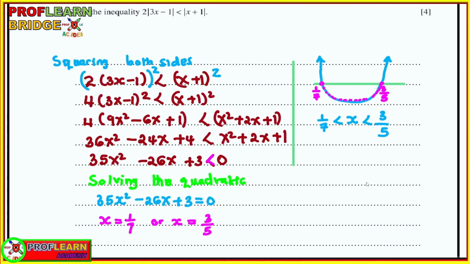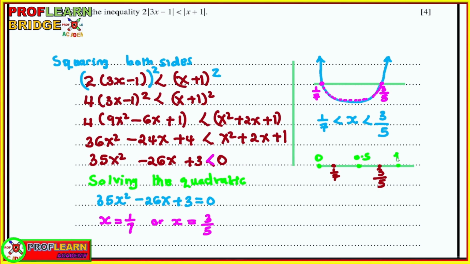There's another way you can approach this. You can represent all this on a number line. If you are having a challenge identifying the best solution, you can draw a number line like that, marking 1/7 and 3/5. Then you select different regions.